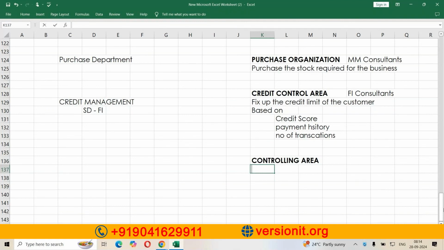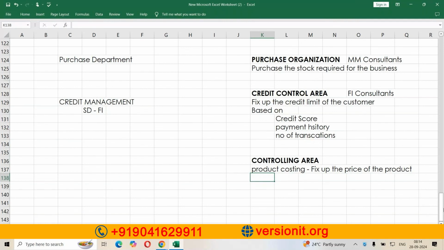They work with an activity called product costing. When we talk about product costing, they fix the price at which we need to sell the product in the market. That price will be fixed by the controlling department. Product costing is what we call it.